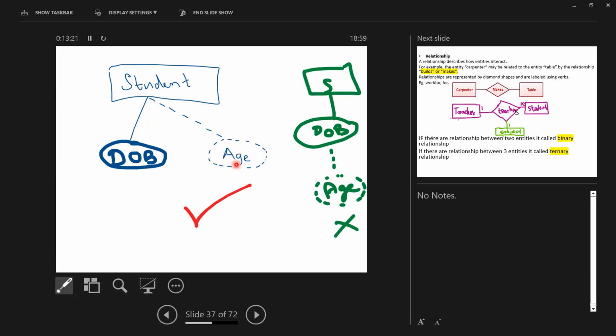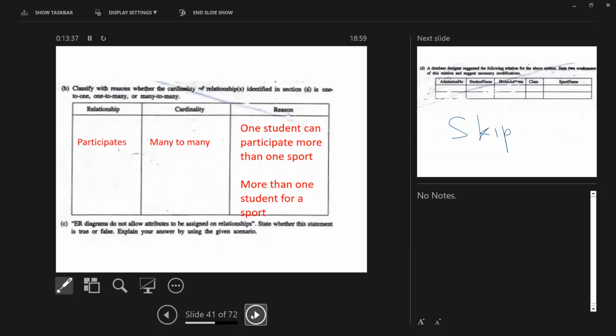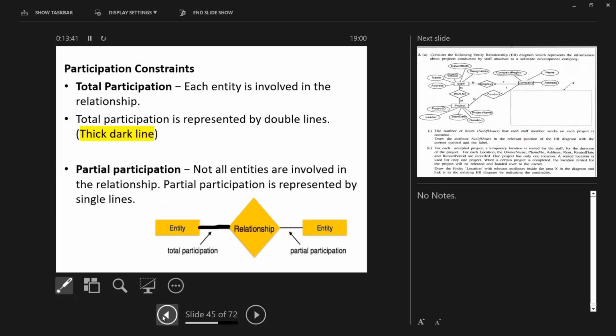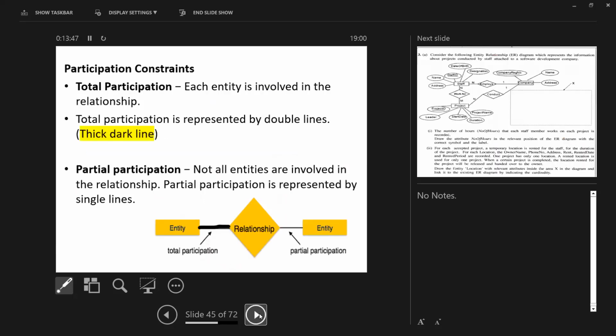Then we find out the age. We are not going to store the age in the database, but the DOB we store according to the date. Here the age may change. Okay. Then descriptive attributes mean attributes which are on the relationship. Okay. So descriptive attributes are there on the relationship. Now we'll move to the question.